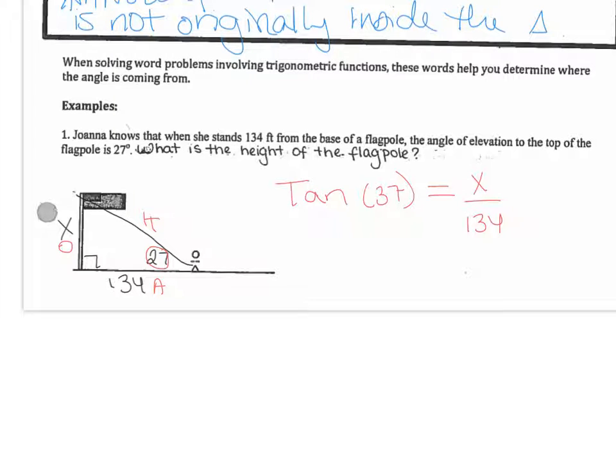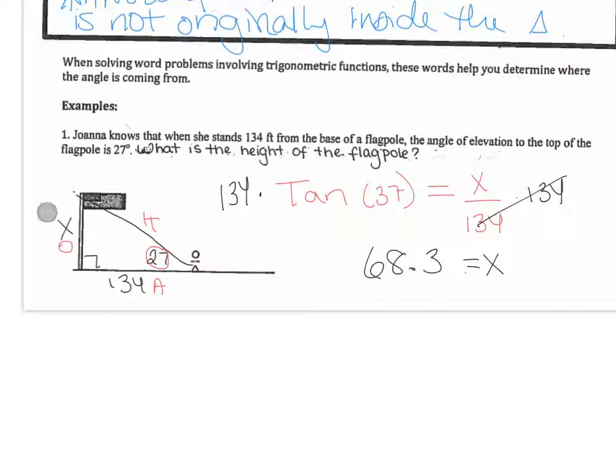Alright, so now I have to solve for x. How? Multiply by 134 on both sides. So x is alone. So in my calculator, I'm going to type 134 tan 27, making sure my calculator is in degree mode, and you should get 68.3.